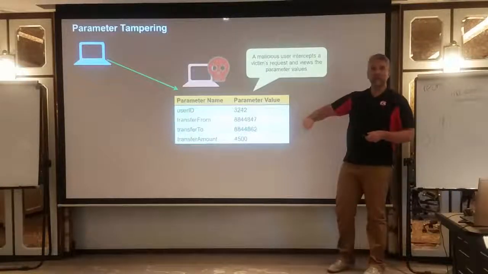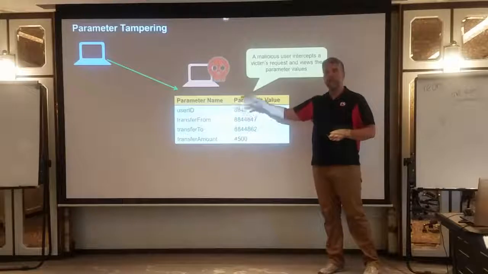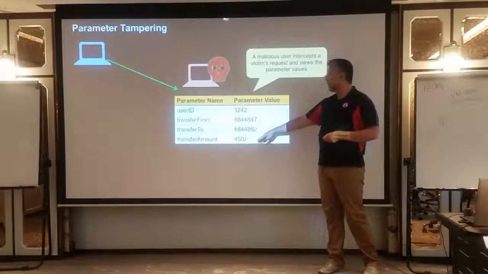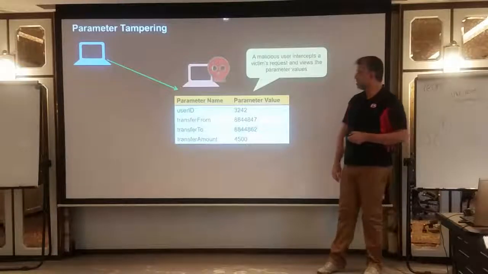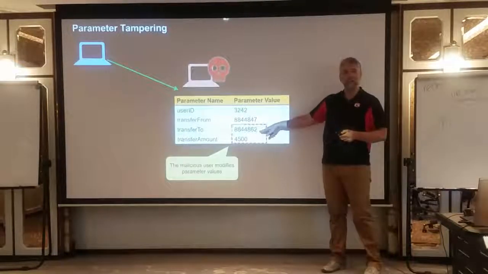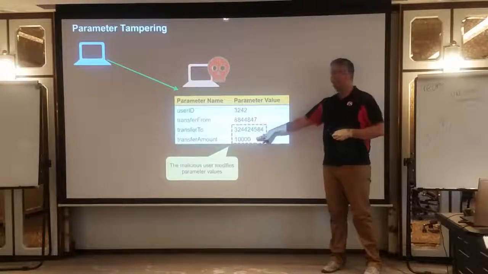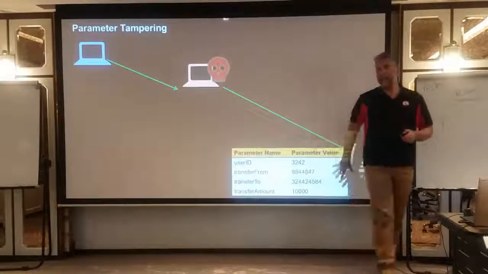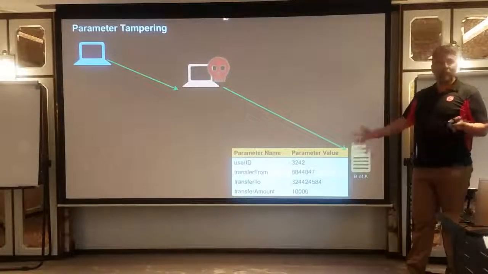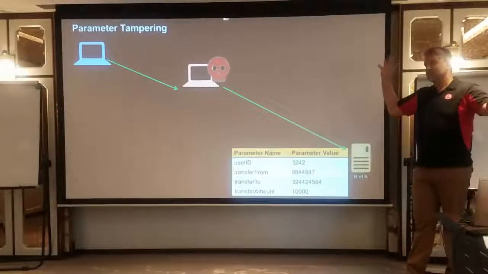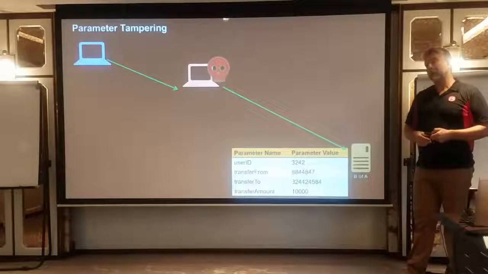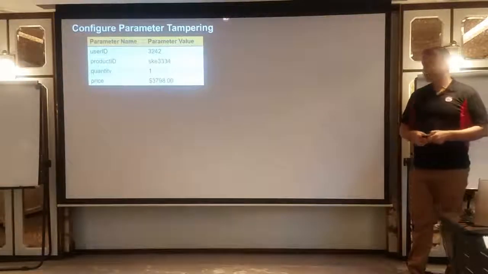Oh, look, this person's transferring from a Bank of America account to another Bank of America account, and here's the amount. You know what? Let's change where we're transferring it to my bank account, and let's actually make it more. And then we'll send the request along. And again, if the target processes it, then the hacker wins. So that is our parameter tampering threat.